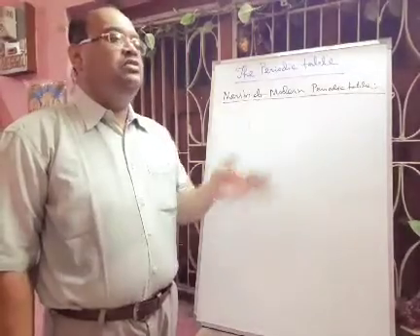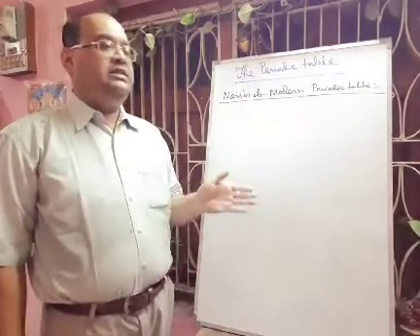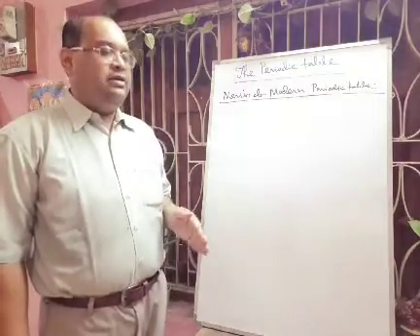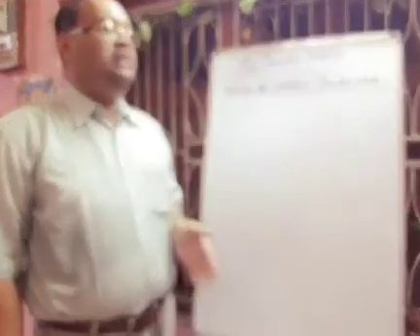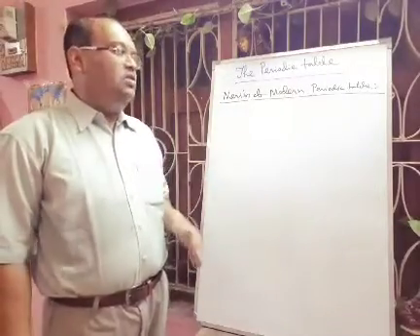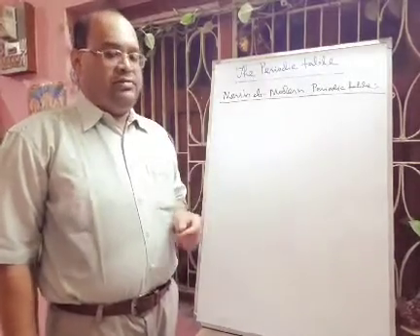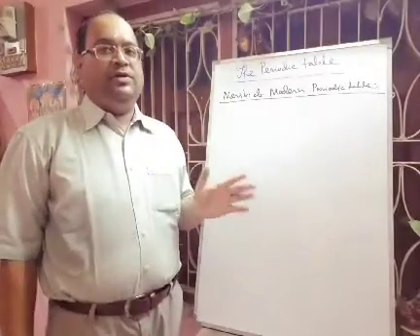From group 13 to group 0 is the p block, and in between s and p there are transition elements, which are called d block elements. Just below, lanthanides and actinides are there, which we call f block elements. Hope you can understand. So this is another merit of this periodic table.